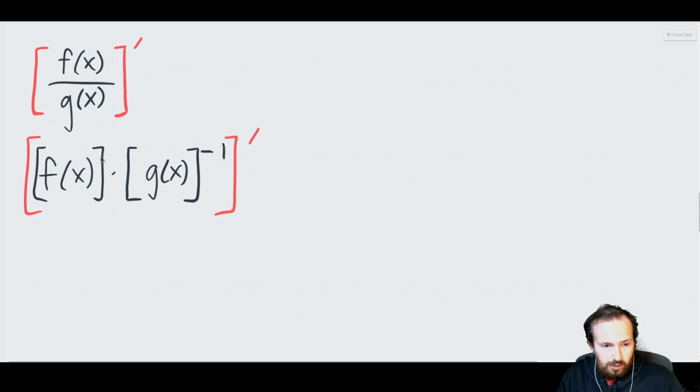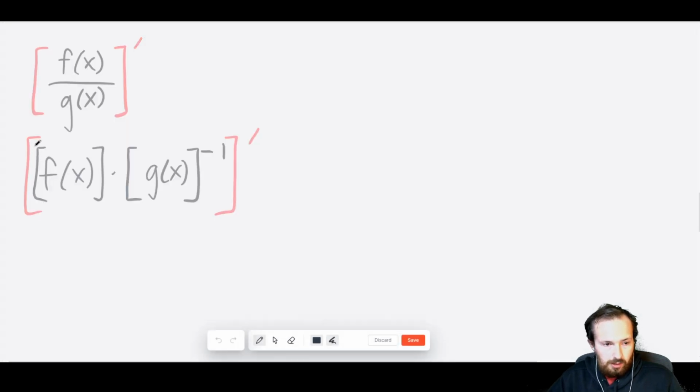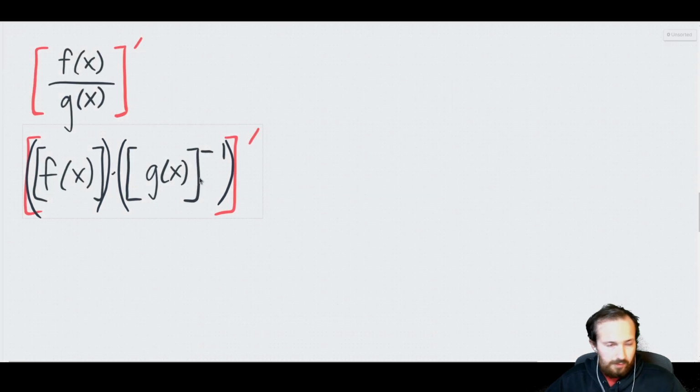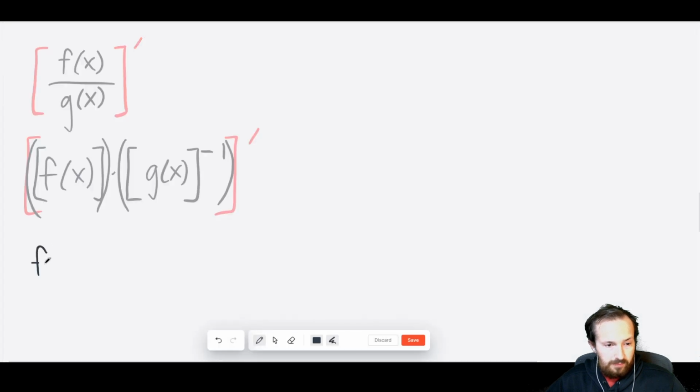Now if you look at this, you can look at this whole thing as a product rule, f of x times g of x to the negative 1. Again, I won't go over the product rule. I've covered that in a separate video. But how would we do that? Basically, the derivative of the first, which would just be f prime of x, leave the second.